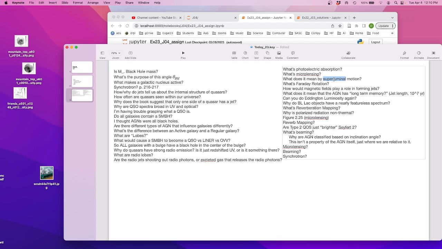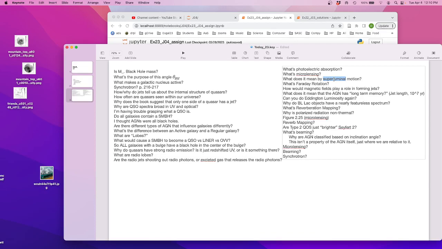I can find out how this blob is leaving the galaxy, right? I can find its velocity. How do I find its velocity? I take its position and divide by time, right?